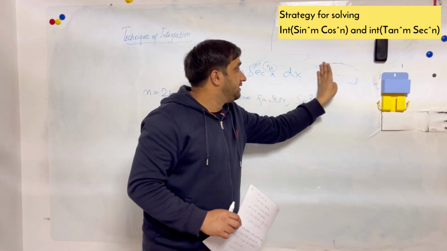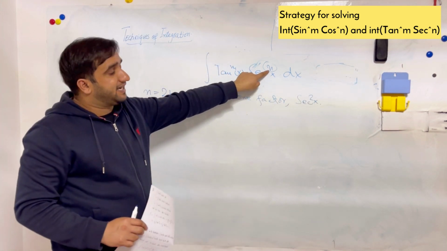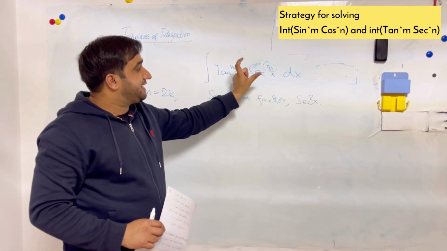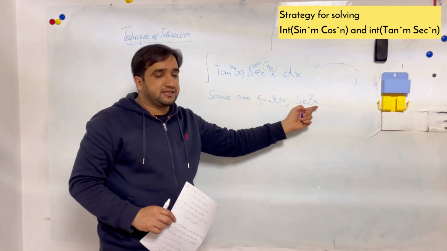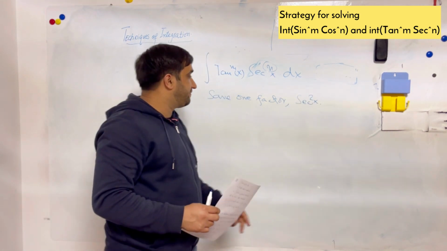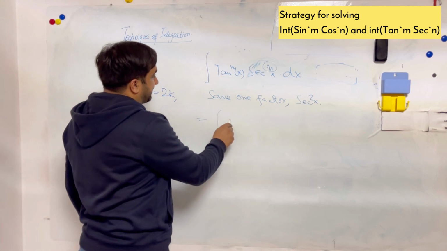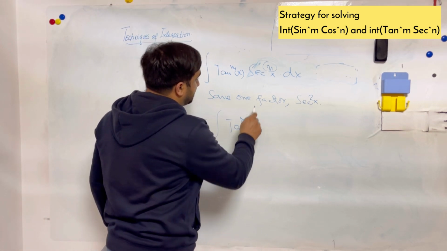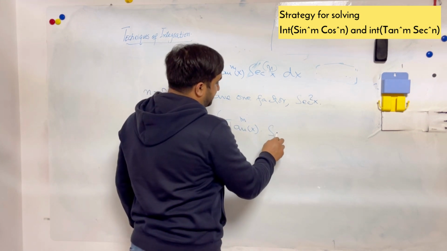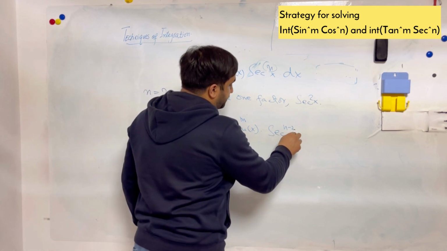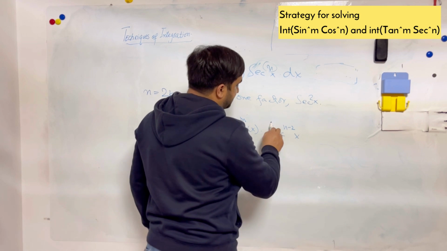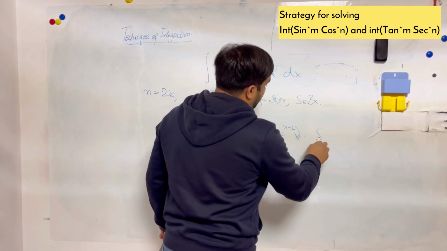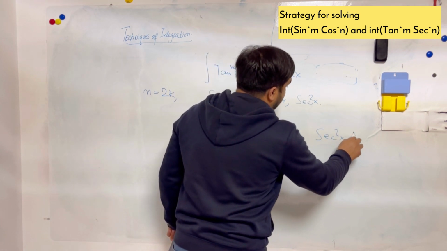So here, in this case, if this power is an even number, then take one secant square, one factor, keep it safe, and the remaining will be the integral of tan mx, I don't care about that at the moment, and this guy will become secant n minus 2 x, with one secant square kept aside, and dx.